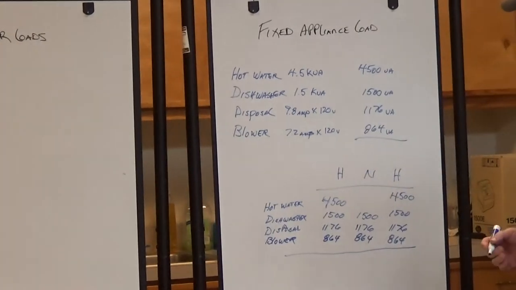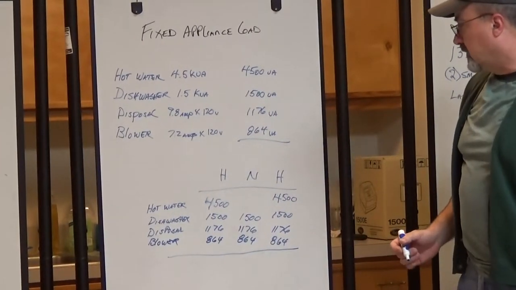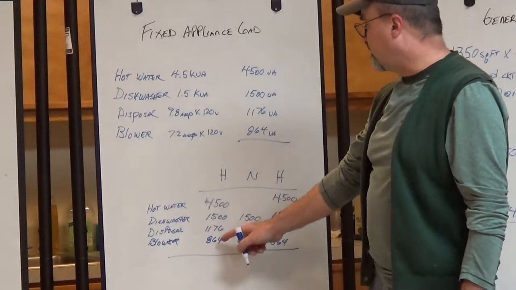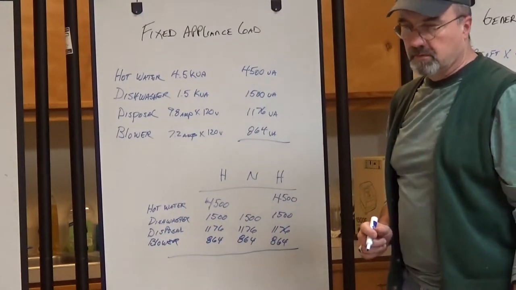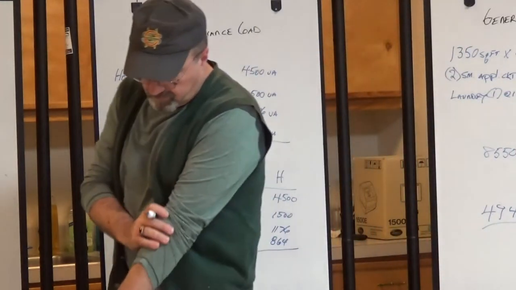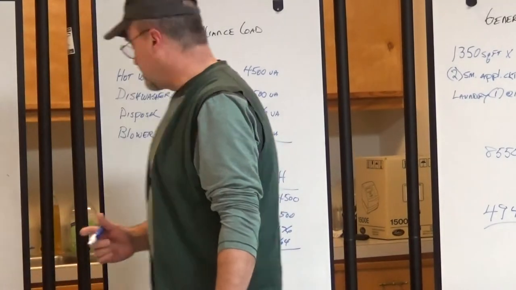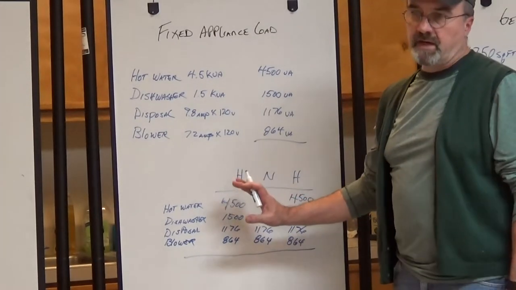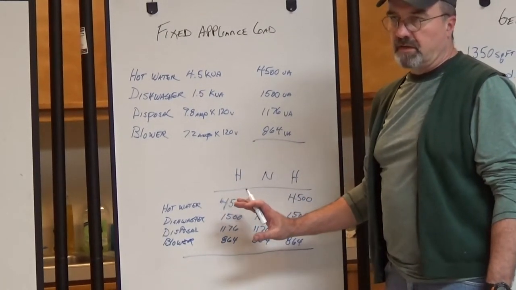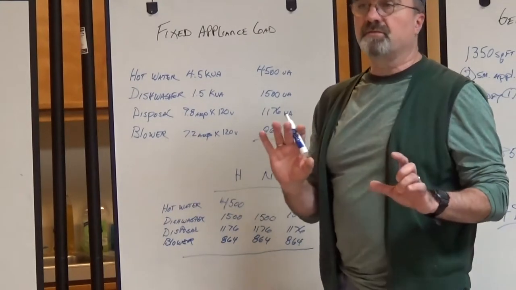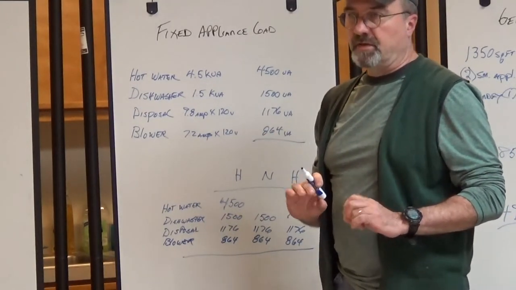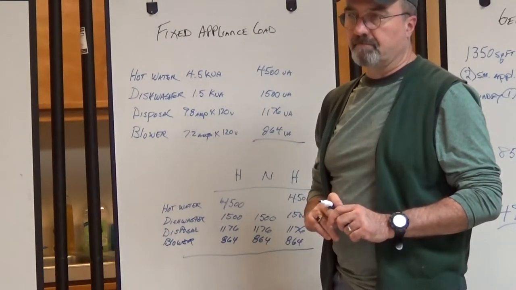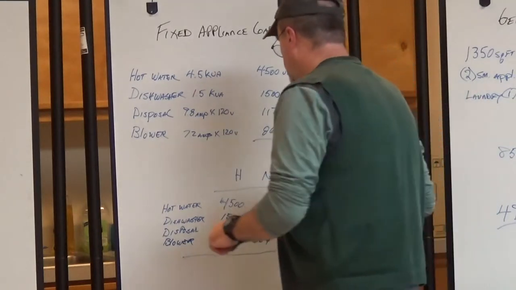Okay, so let's go ahead and add these up. What is the total VA for the hots? Just the hots. 6,030. At 100% or 75? Okay, so we're just going to do the hots at this time. And the total VA at this time, without any demand factors, is what? 6,030.